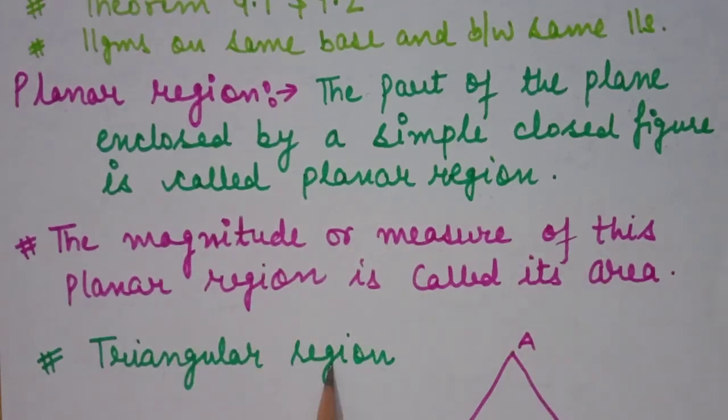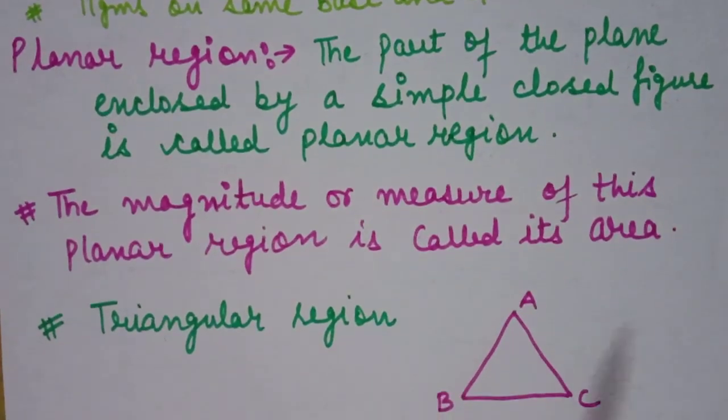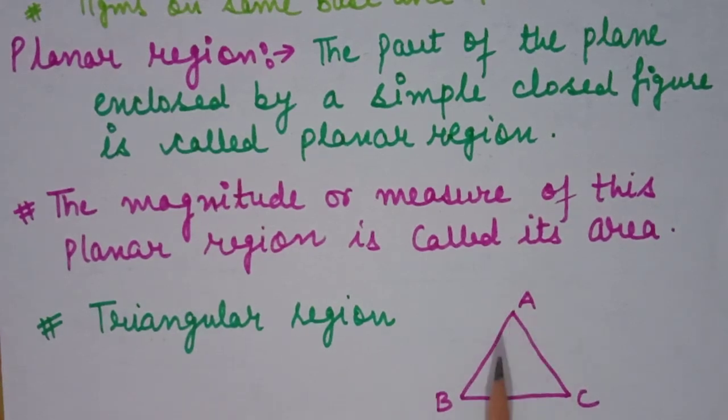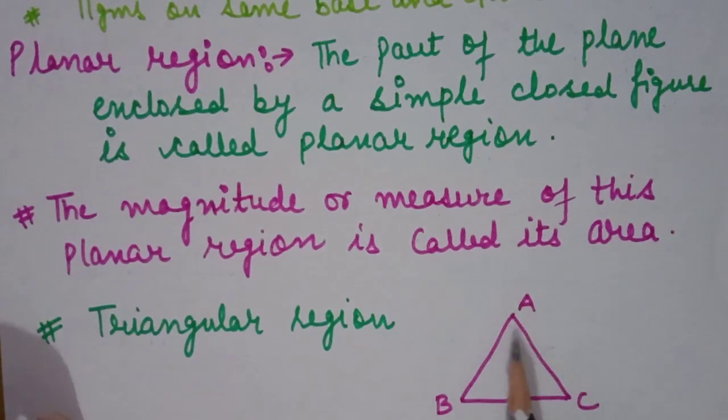First is triangular region. Students, you know very well what a triangle is: a three-sided polygon, or a polygon made by three line segments, or the area enclosed between three line segments. Now the area of this region we call the triangular region. Like the previous definition, this is a part of the plane enclosed by a simple closed figure, so this is a planar region.